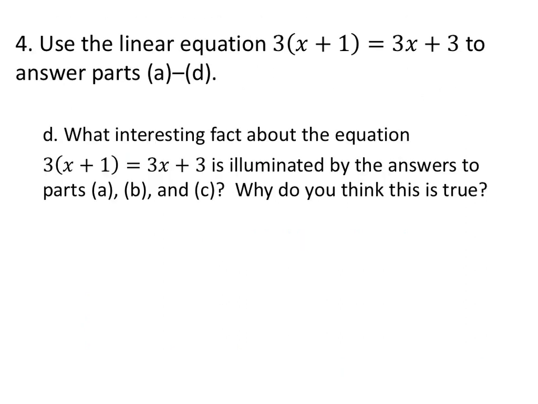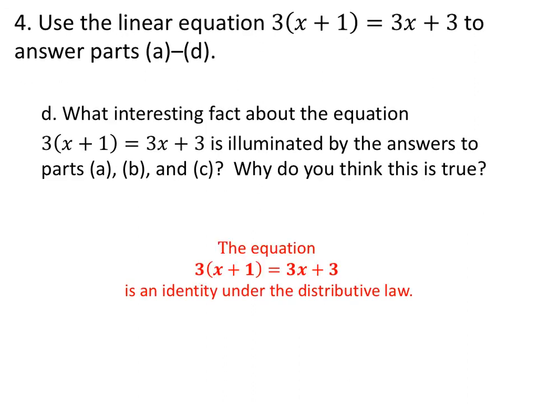One interesting fact about this equation, which you hopefully noticed on number 4, is that it was the same equation each time, but we had 3 separate answers which all gave us true statements. And then the question is, why do you think this is true? Here is why.